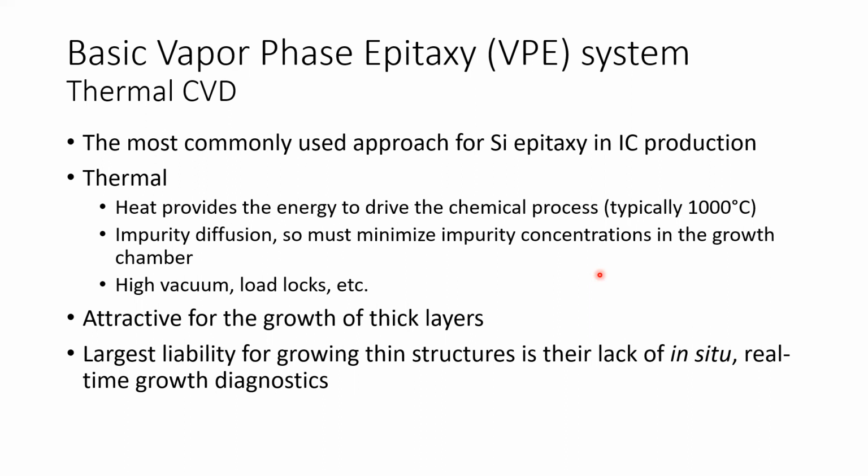We use thermal energy to drive the chemical process, typically around 1000 degrees C. Because at this high temperature the impurity can diffuse into the epi layer, we must minimize the impurity concentration in the growth chamber.